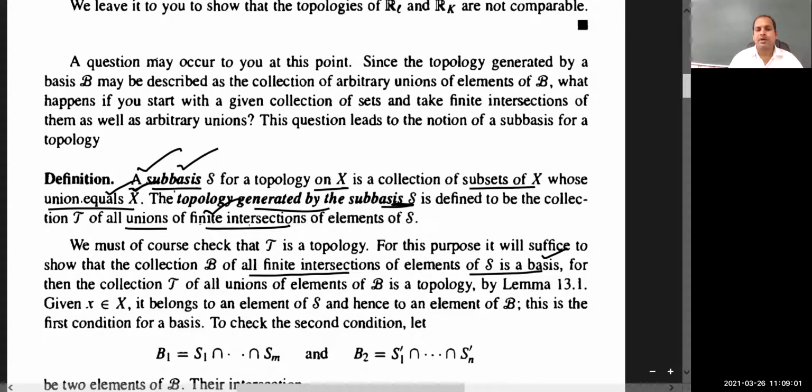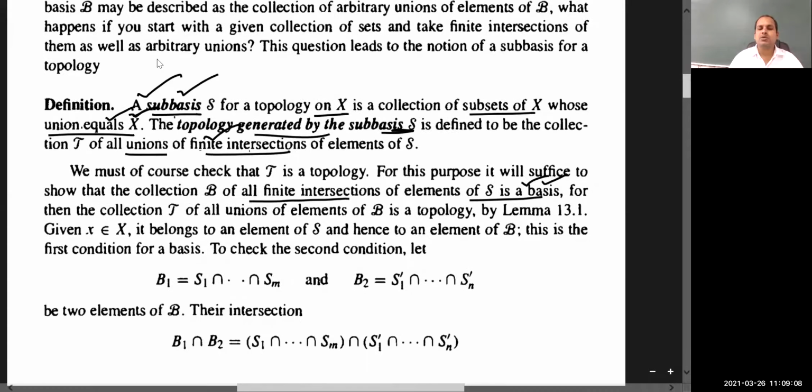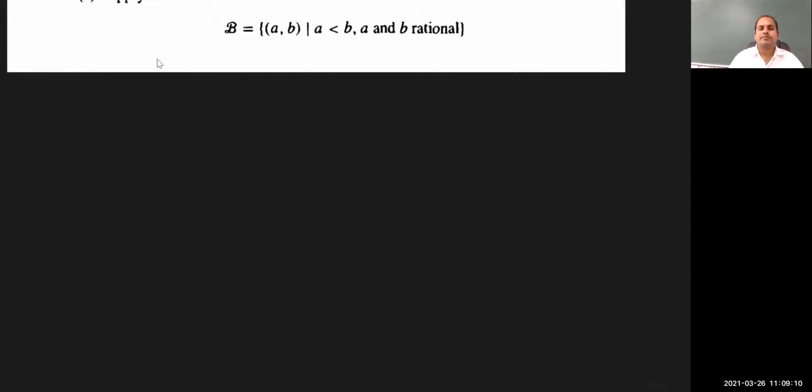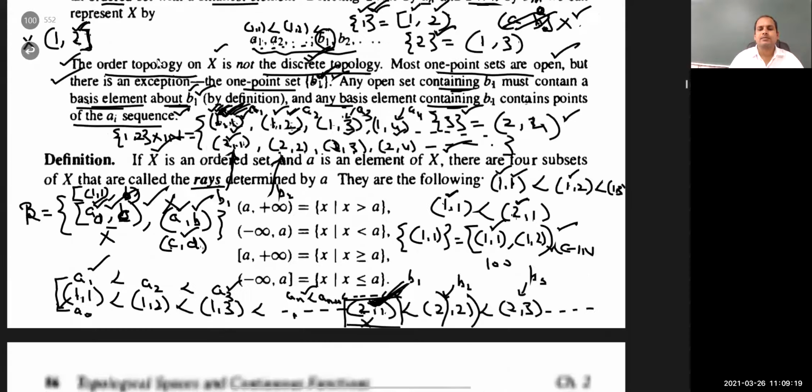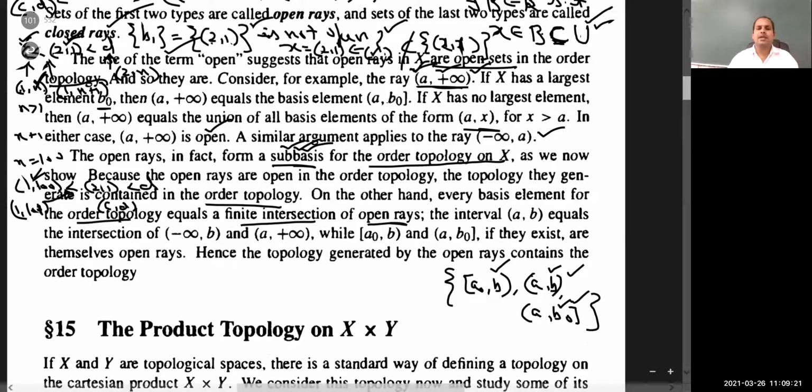Whenever a sub-basis is given, the finite intersections of members of this collection are going to be members of the basis. Using this property, it is written here that the open rays in fact form a sub-basis for the order topology on X. Sub-basis means the intersections of finitely many open rays are going to be the basis members of these types. One can check that their finite intersection will be either of this type, or this one.